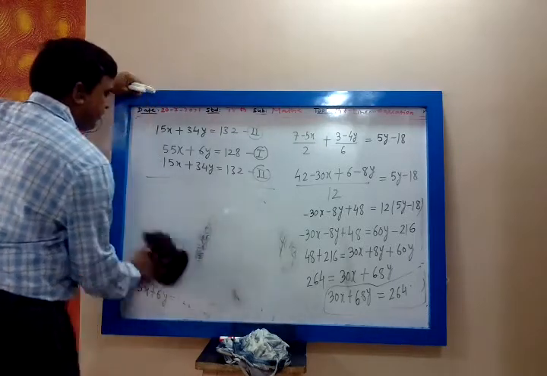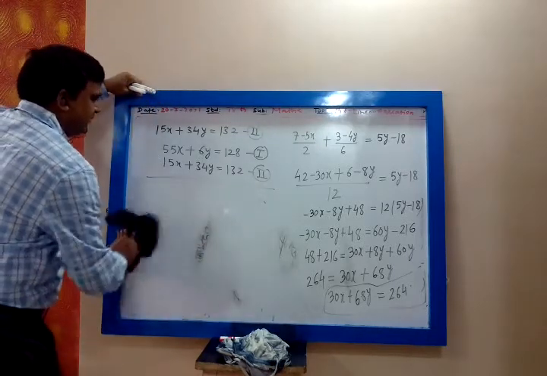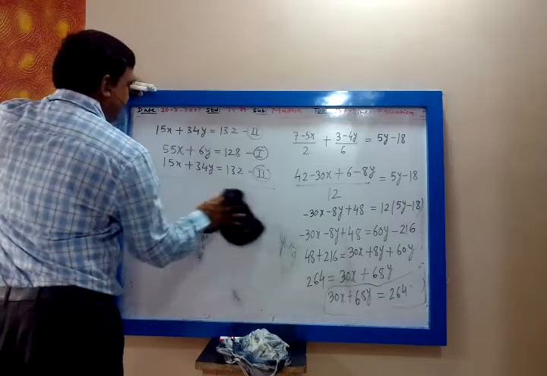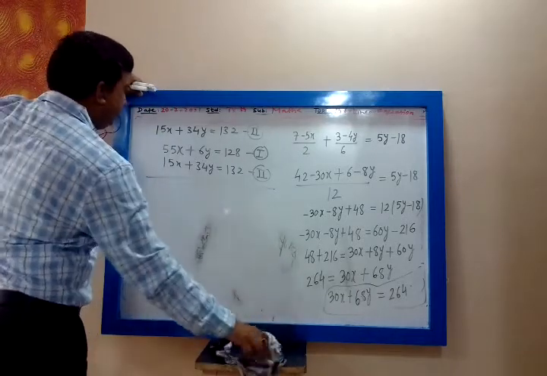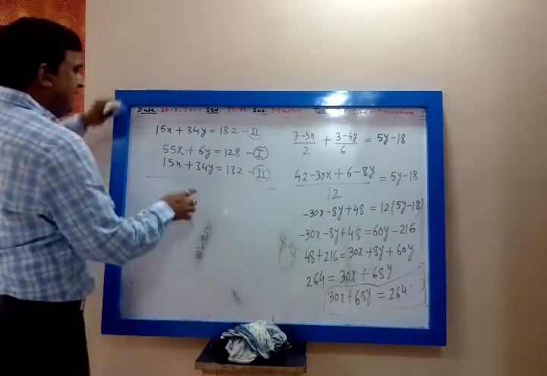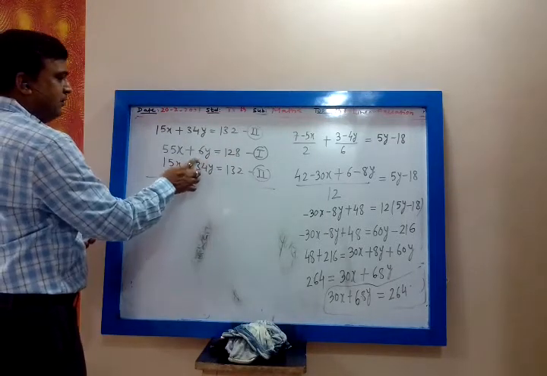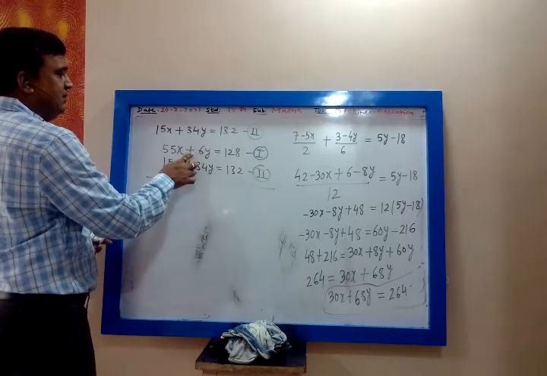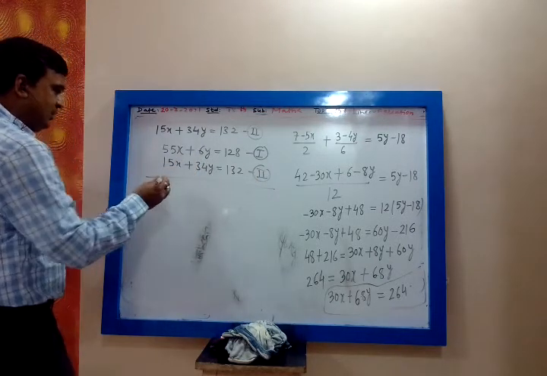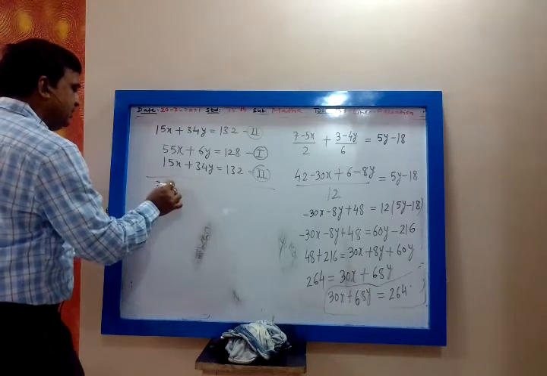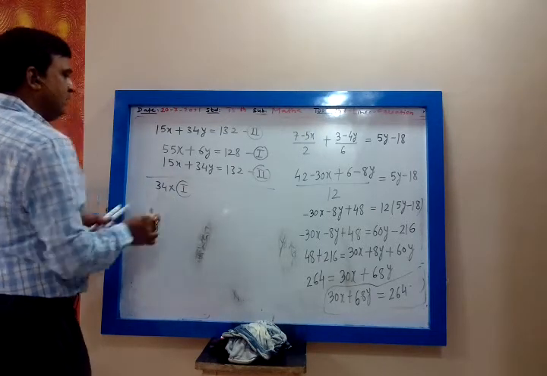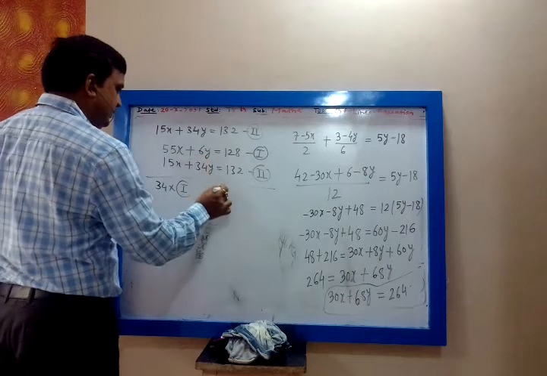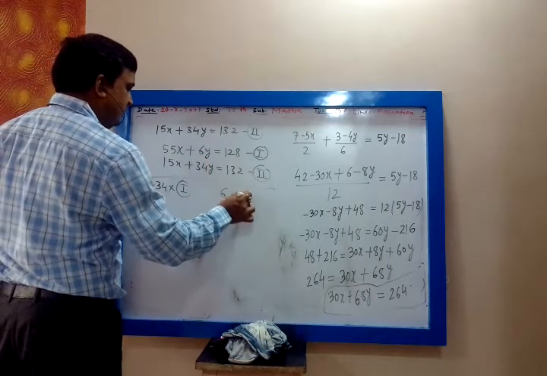There it is 34, no? Yes. There it is 34. So what you will do? I will multiply this equation 1 by 34 and this equation 2 by 6, and they have same sign, plus plus, so we have to subtract. So we write 34 into equation 1, then 6 into equation 2.